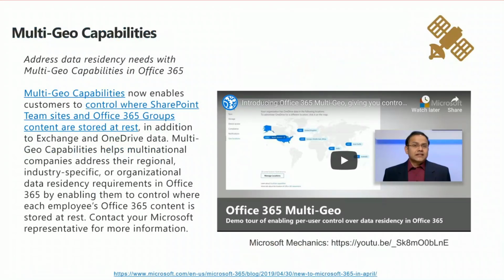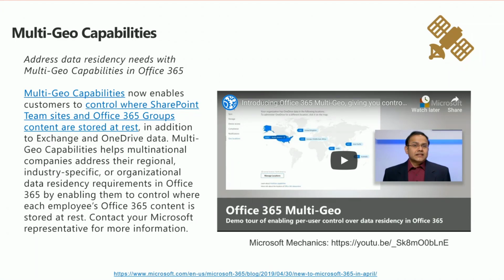And multi-geo capabilities are now available for Office 365. For those of you that may have clients or direct customers that have data security and location issues, you can now specify where your data is going to go per SharePoint list, or per SharePoint site or team site.